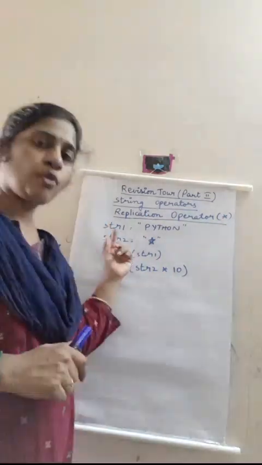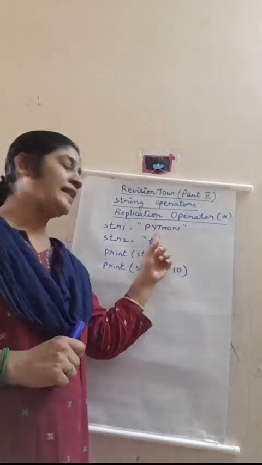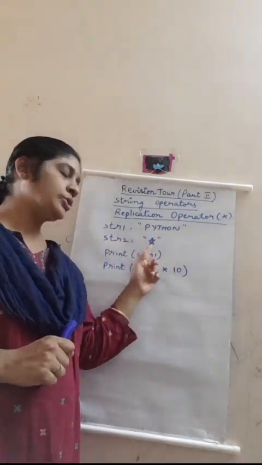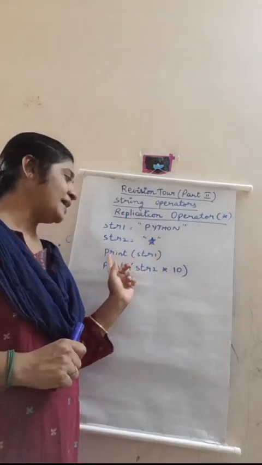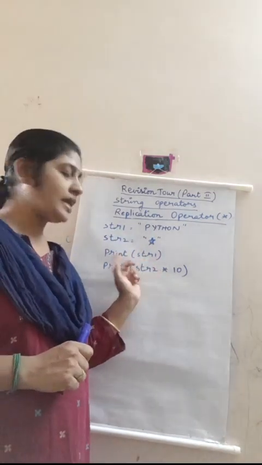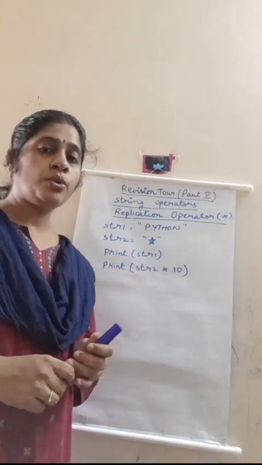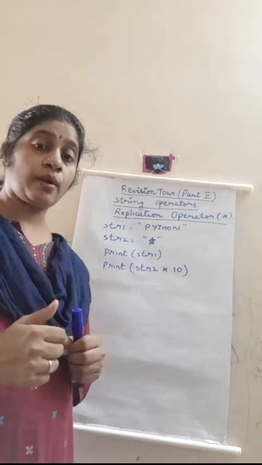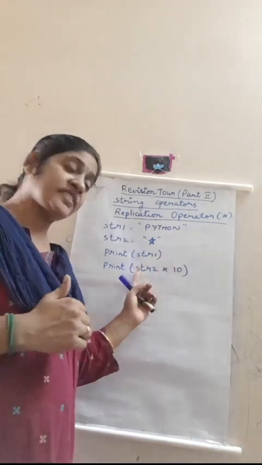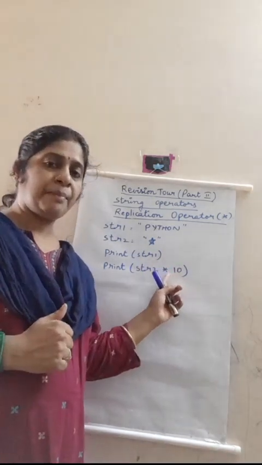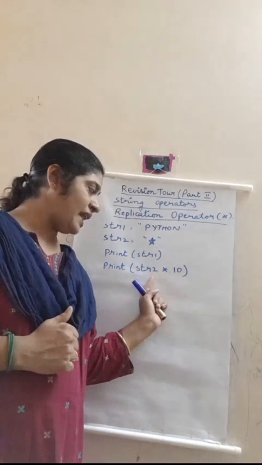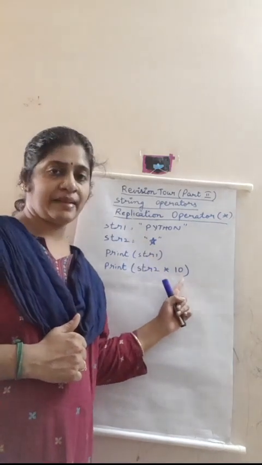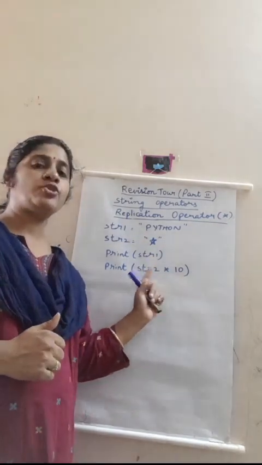For example, I have a string str1 whose value is Python, and a string str2 whose value is asterisk, and I will print str1 and then print str2 into 10. So how does this into operator work on one string and one integer? Here it will display string 2, that is asterisk, for 10 times.